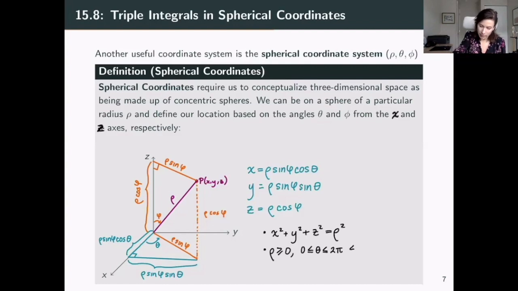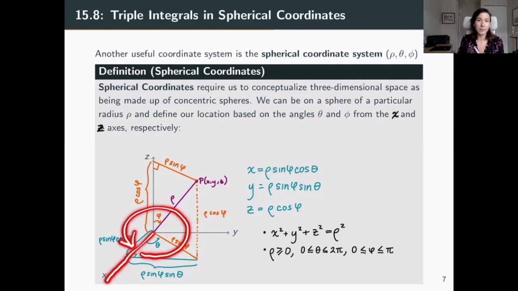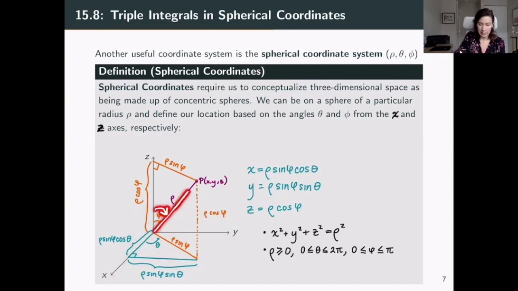This one's a little bit harder to visualize, but our phi is always going to be between 0 and pi. So how does this work? Our theta is going to be all the way around. So that's why our theta can be between 0 and 2 pi. We're taking where we are relative to the x-axis all the way around. Now, the angle phi is the angle from the z-axis to this line here.